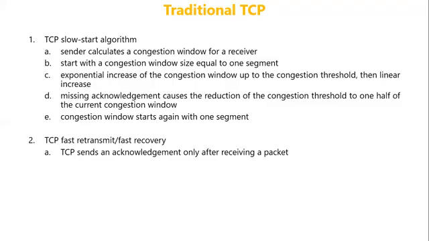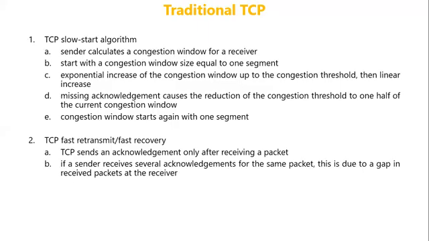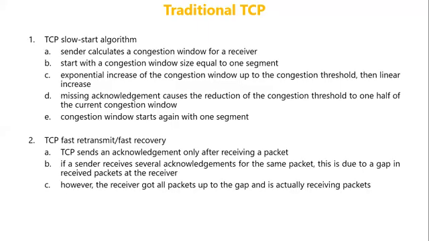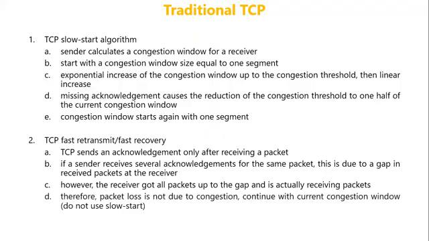So all these are how traditional TCP works. The next is fast retransmit or fast recovery. How does it work? Because of two reasons, the congestion threshold will be reduced.